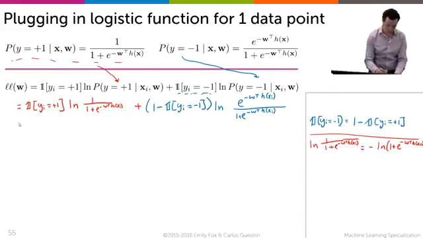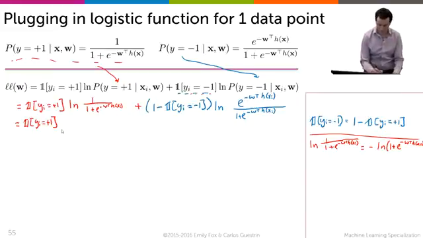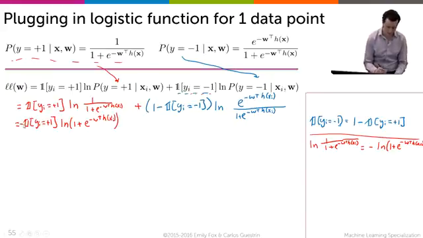So plugging that in, we get the indicator that yi equals +1 that multiplies minus the log of 1 plus e to the minus w transpose h of xi, and we put the minus sign out here.